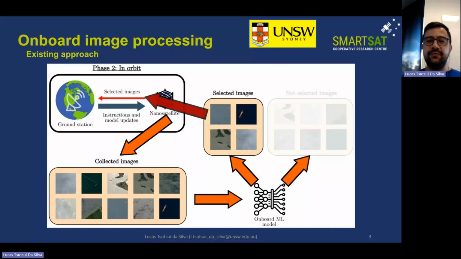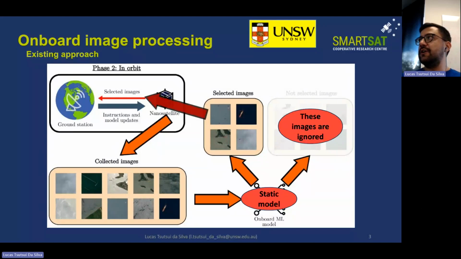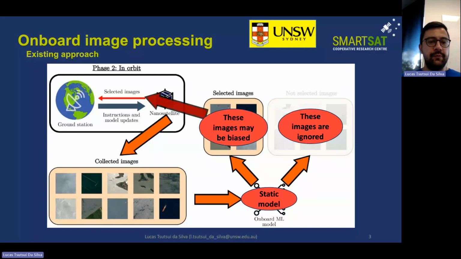And we can identify some problems with these approaches. For example, the onboard machine learning model is static, which means that it changes only if the ground station sends a new update. And also, these approaches ignore the set of images not selected for downlink. And it can produce a sample bias because we will never see the images in which the model fails, the false negatives.